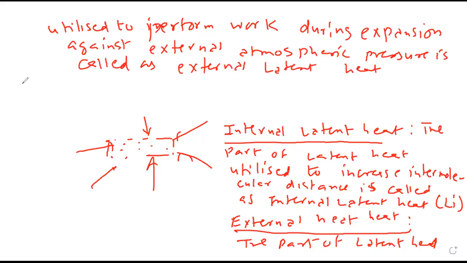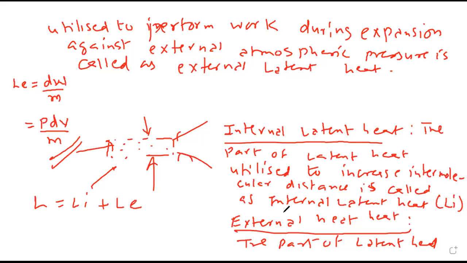It is given by Le, the work done for unit mass. Work done is P into change in volume during expansion upon M. Now total latent heat is always internal plus external, that is, total is Li plus Le.